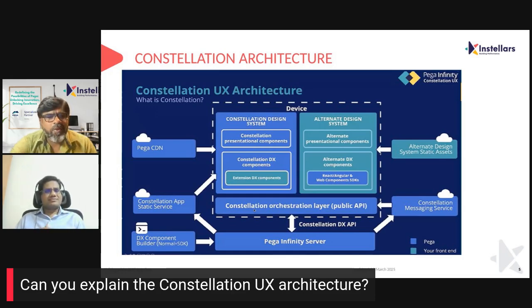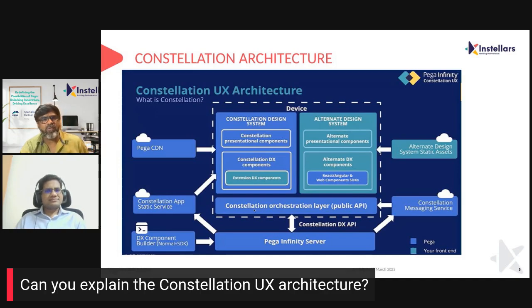So that was a very technical conversation. You explained a lot of components within this Constellation UX architecture. But what I actually understood is this: there were days when we created headless applications in Pega, where you had a different application layer handling only the user interface.